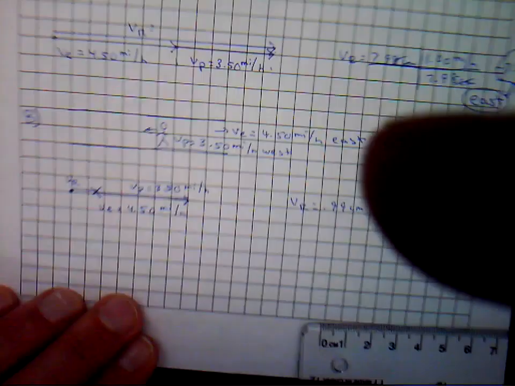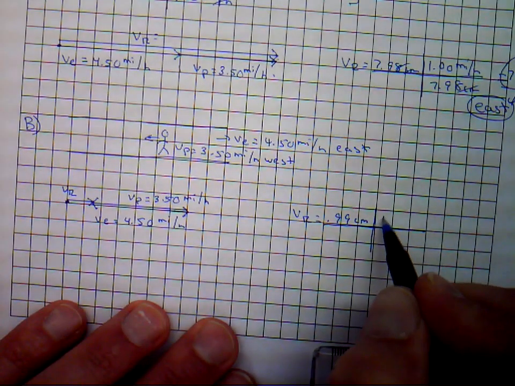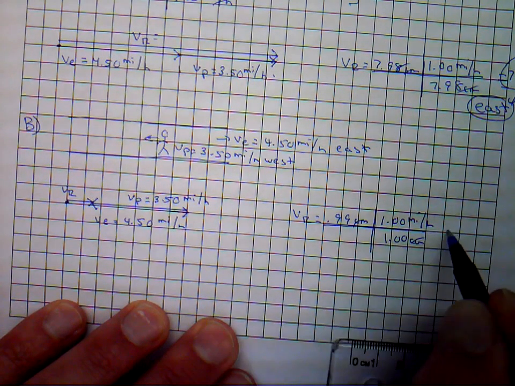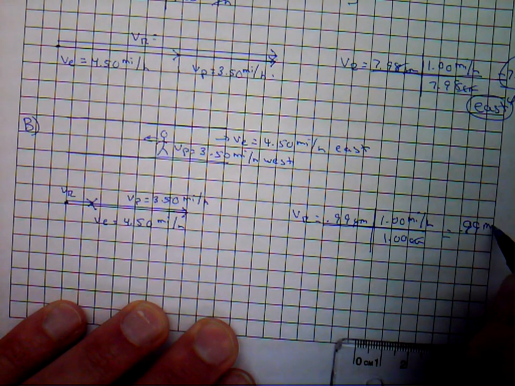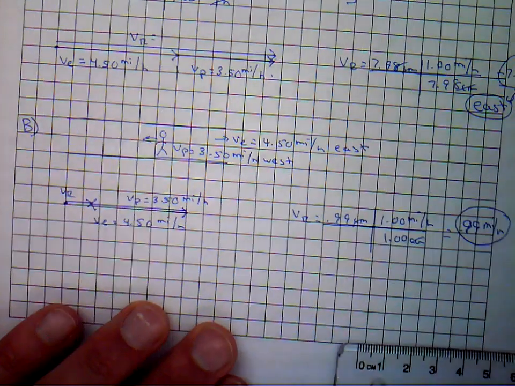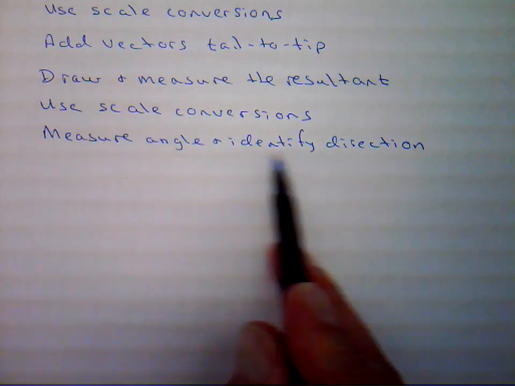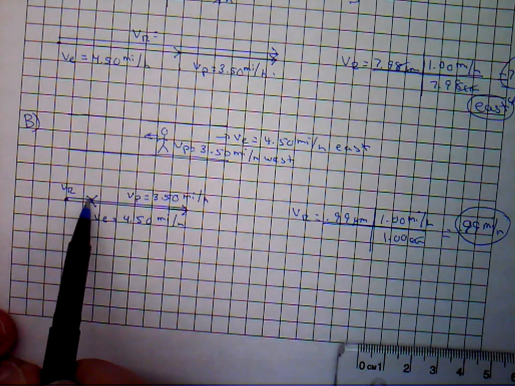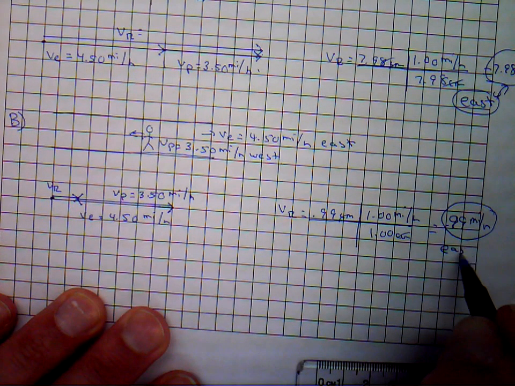I then need to convert that using my scale, 1.00 miles per hour for 1.00 centimeters, and we end up getting 0.99 miles per hour. That's the magnitude of the vector. Remember, we have to use the scale conversion to get the magnitude, but we also have to measure the angle and identify the direction. The angle is pretty easy because this vector is pointing due east, so the resultant is 0.99 miles per hour due east.